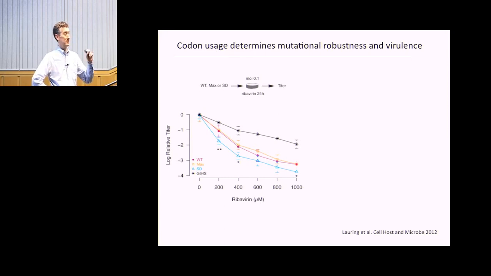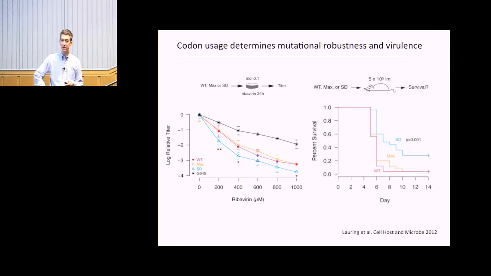If a virus is less tolerant of mutation, it will lose titer. And we found that SD was actually hypersensitive to mutation. So it was less tolerant of these newly generated mutations, and that would be consistent with our model in which codon usage functions as a buffer for mutational load.